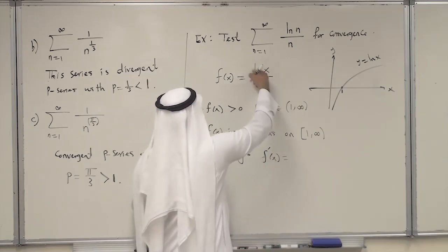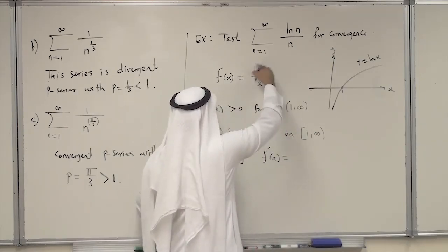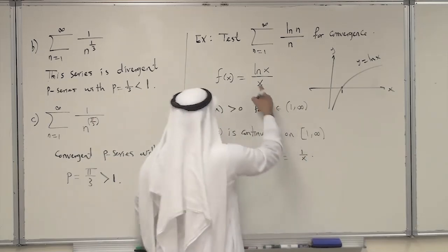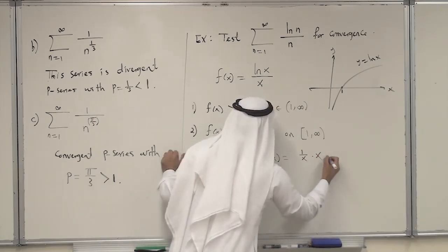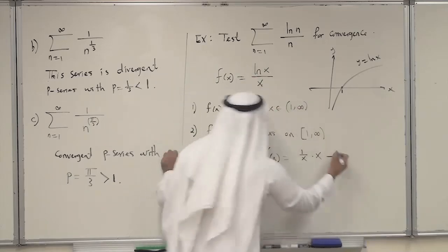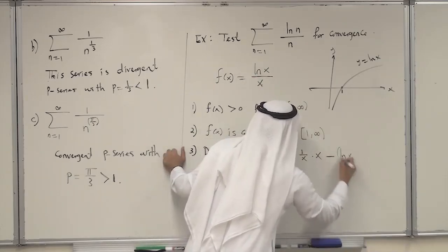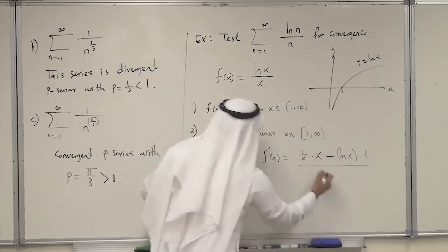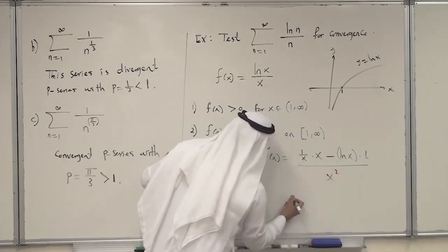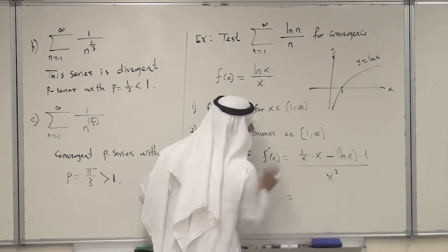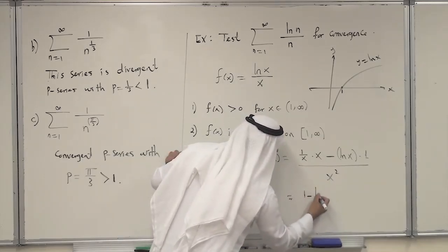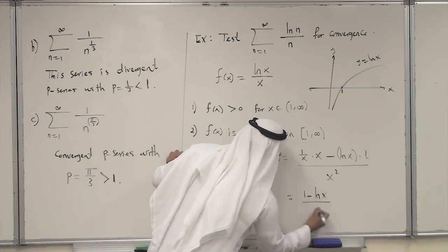It is the derivative of the logarithmic function, 1 over x, times x, minus ln of x multiplied by the derivative of x, which is 1, all divided by x squared. The x cancels with the x here, so we have 1 minus ln of x all over x squared.